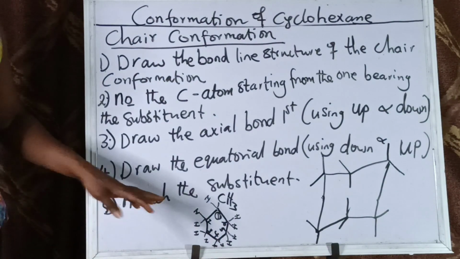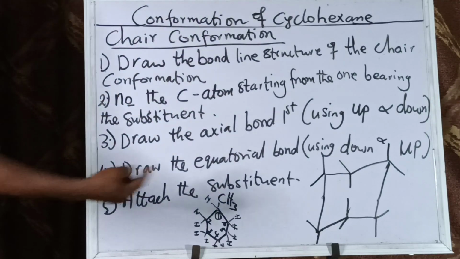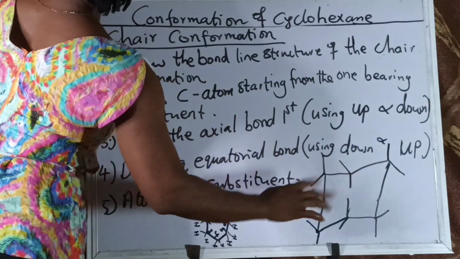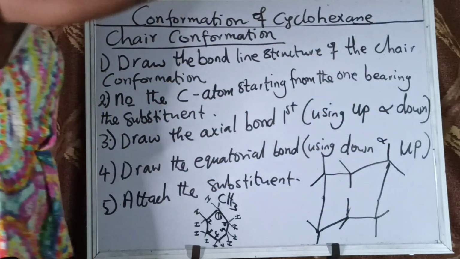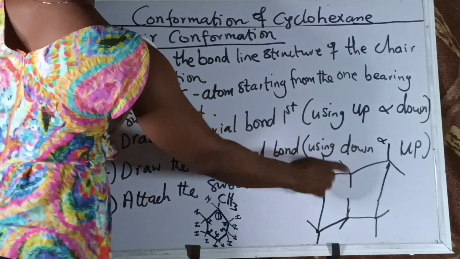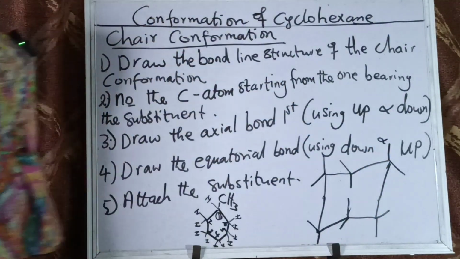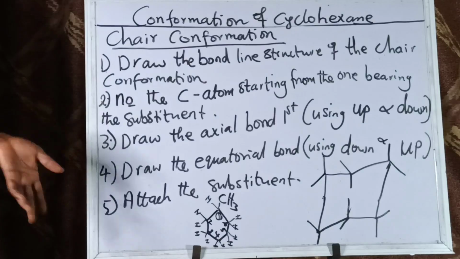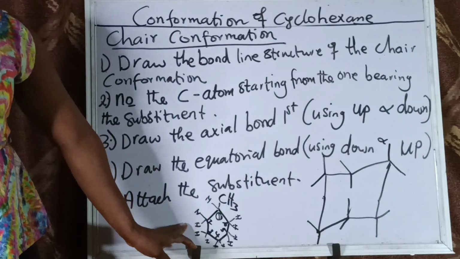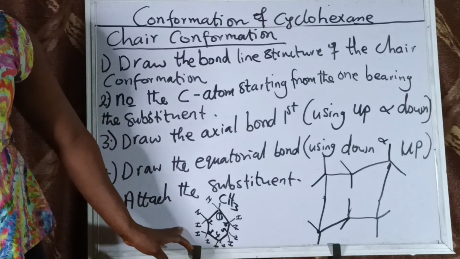So when I come here, you can see that I went in this direction, right? If I come to assign it here, I'll also go in that same direction. When I am drawing the chair conformation, I cannot go in the opposite direction. You follow the same direction that you took when you were numbering it.